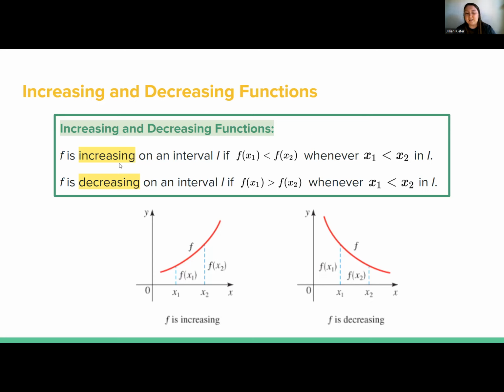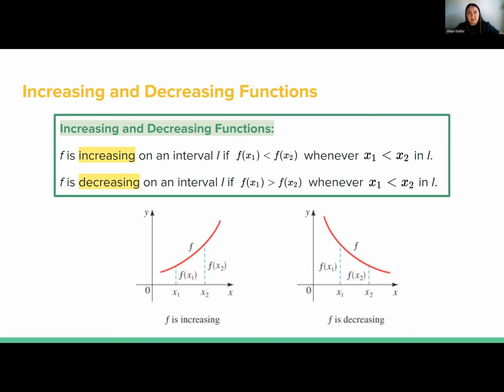So we're basically saying here that if this x sub 1 is less than x sub 2, f of x sub 1 should be less than f of x sub 2. If we're looking at this graphically, it's going up. We're always reading our graphs from left to right. So in this case, if it's going upwards as we're looking from left to right, that means that it is increasing.